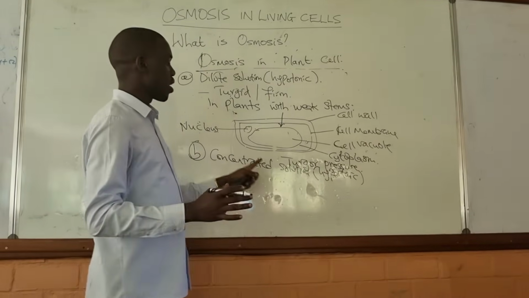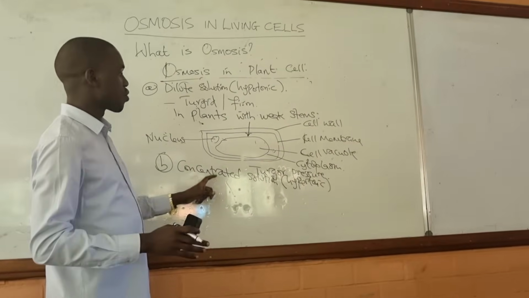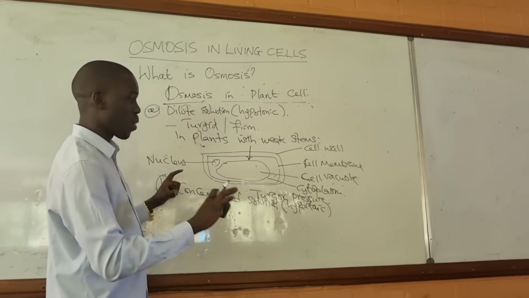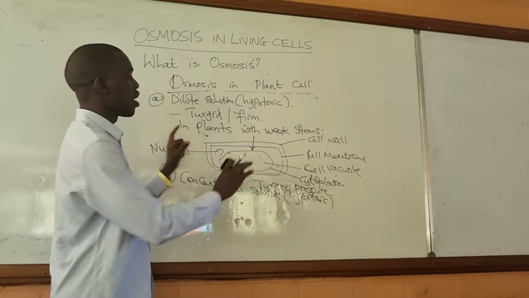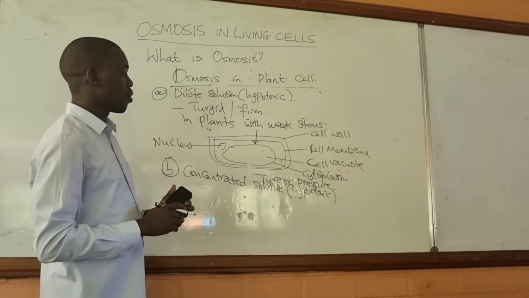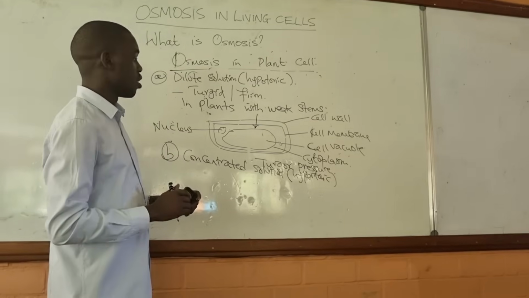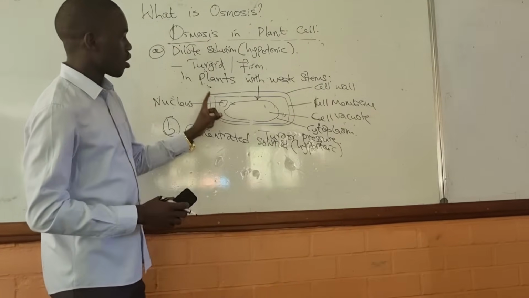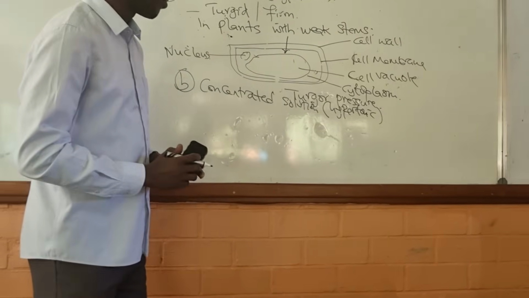So if you have a plant cell in a concentrated solution, the water molecules are going to leave the plant cell. From the plant cell, water molecules will leave and go into the surrounding, which is the concentrated solution. The plant cell is going to lose the water molecules.